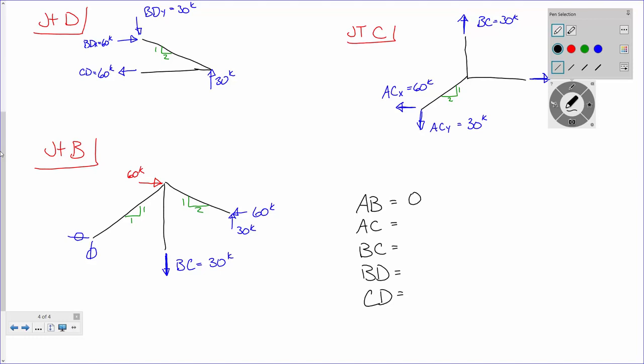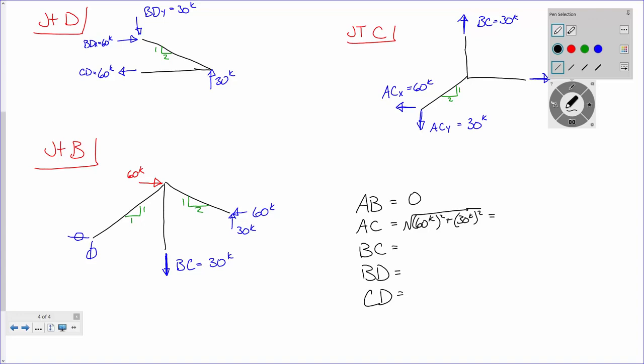Now, AC, how are we going to calculate AC? Well, it's a diagonal, right? I got 60 kips and 30 kips. So what popular theorem am I going to use? Begins with a P, Pythagorean theorem. So this is just 60 kips squared plus 30 kips squared.